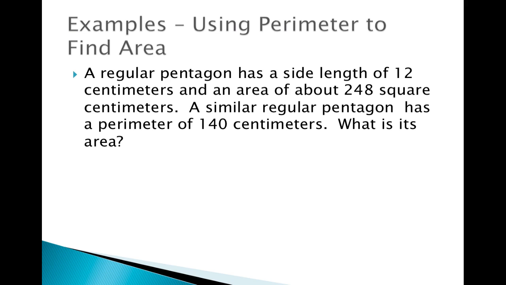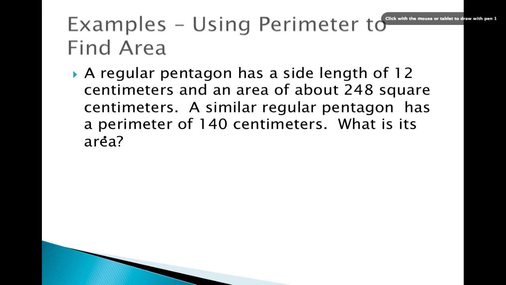Now we're going to use perimeter to find the area. We have a regular pentagon which has a side length of 12 centimeters and an area of about 248 square centimeters. A similar regular pentagon has a perimeter of 140 centimeters. What is its area?